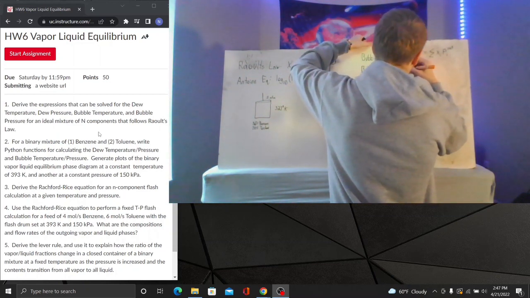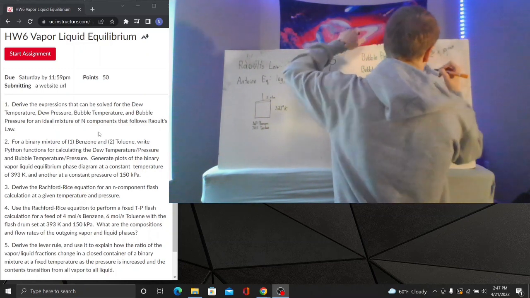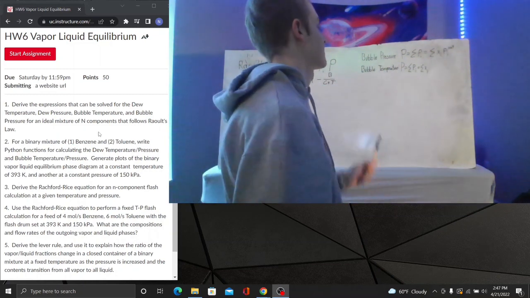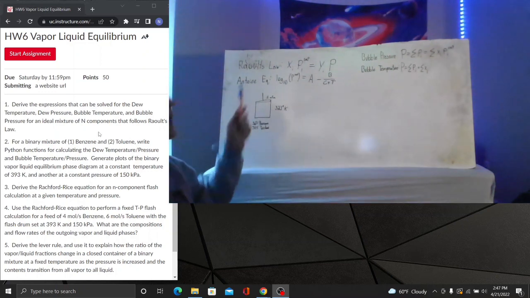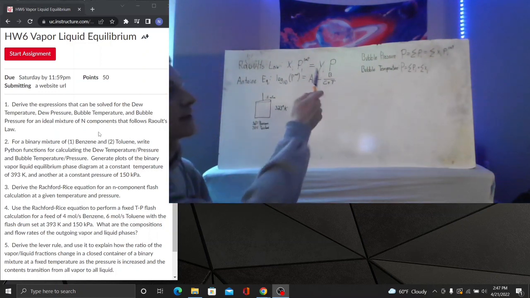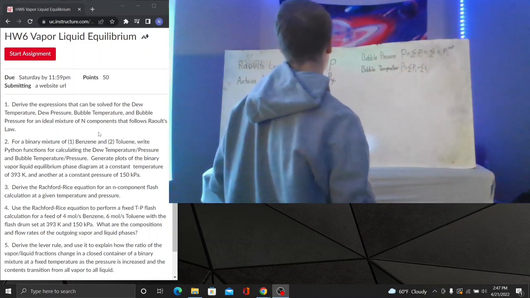So I'm just going to copy that down. But instead of trying to solve for the pressure, we're trying to solve for temperature, obviously. So this is where the Antoine equation comes into play here. So we can just substitute that into our bubble pressure equation.